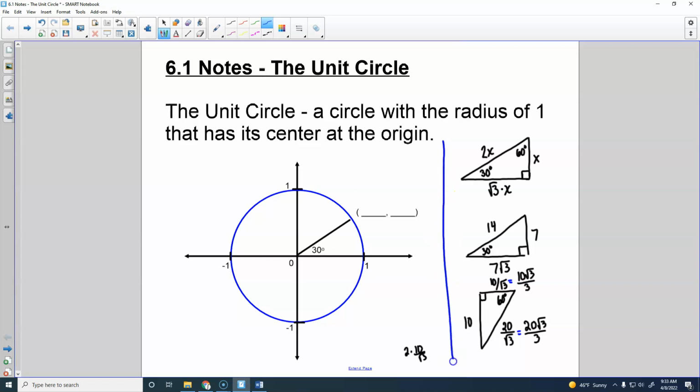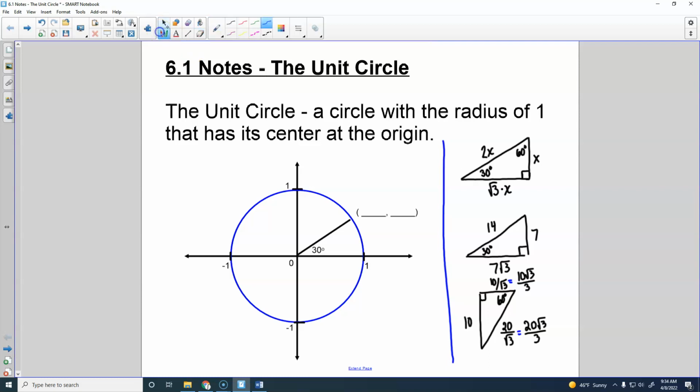So this is a side note about 30, 60, 90 triangles. We could use regular trig, but I want to use this because we want exact values in trig. Otherwise, we have to use the calculator and get rounded values. So let's think about the unit circle. That unit circle that you have on that orange paper there is called the unit circle because it has a radius of 1 unit.